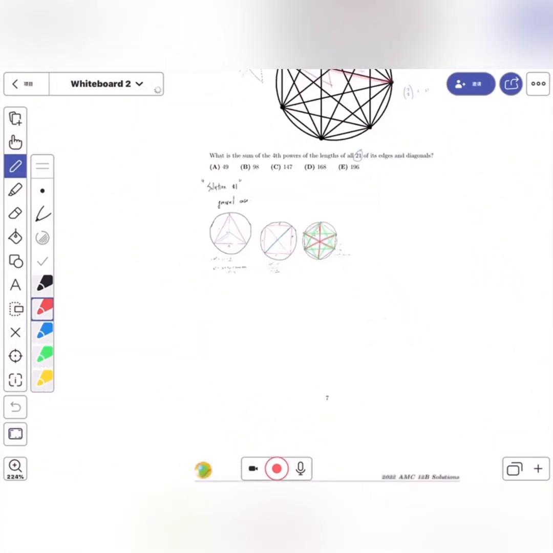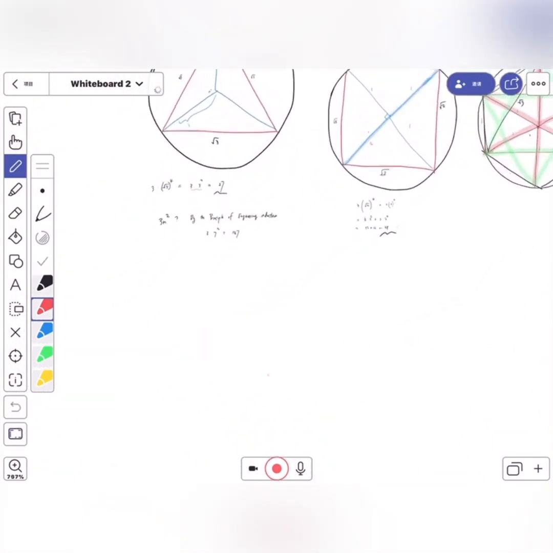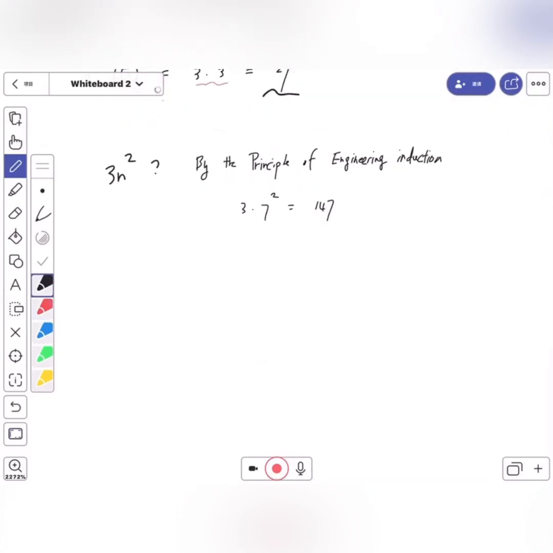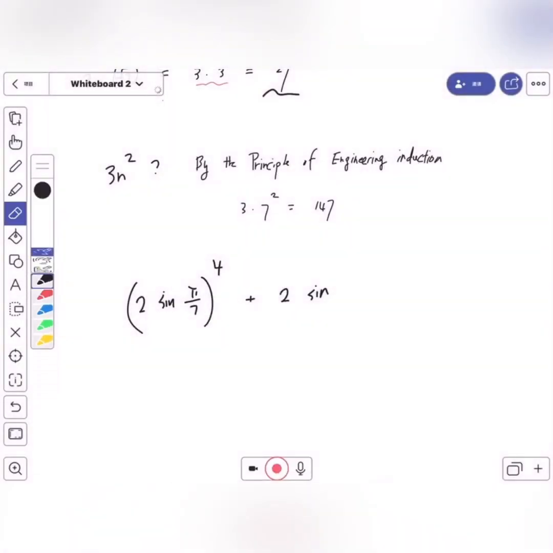So now the question just remains: what is the value of 2 sine of pi over 7 to the fourth, plus 2 sine of 2 pi over 7 to the fourth.